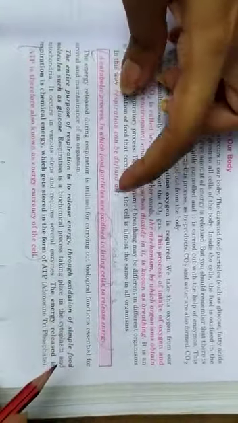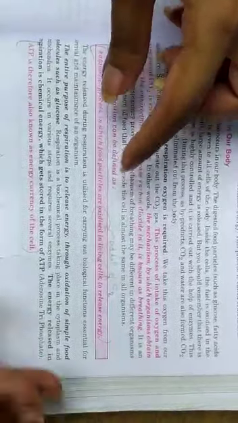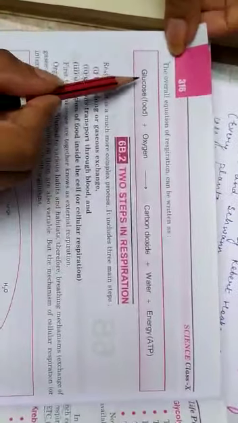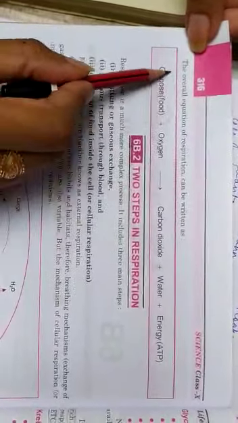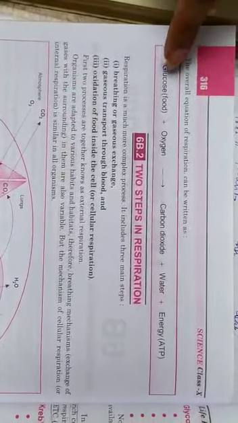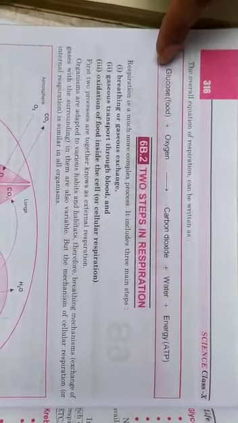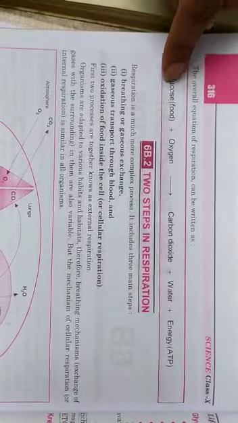So, to understand this definition, I have an equation: glucose plus oxygen. Glucose is what? Glucose is your food which you get after full digestion. After full digestion, the last product we get is glucose.